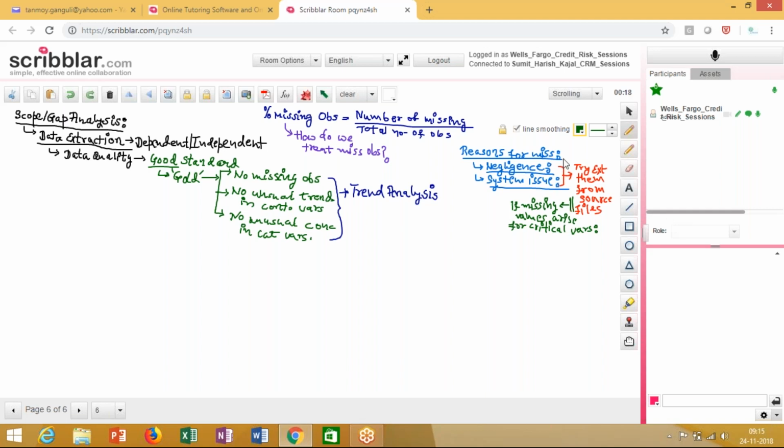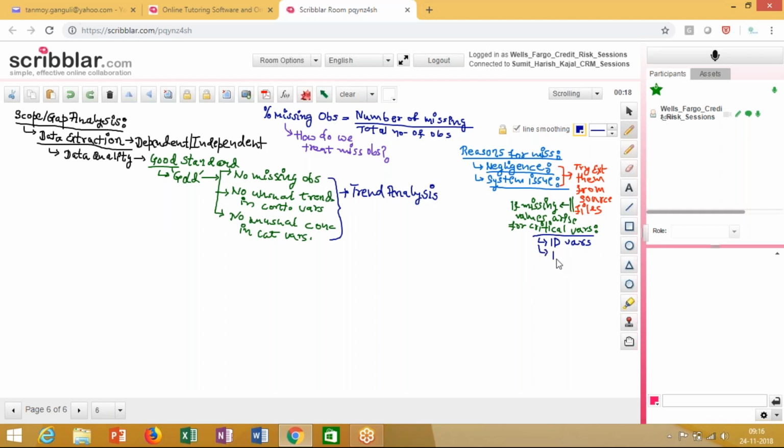So if the values are arising for critical variables, what are the type of critical variables that we are talking about over here? The type of critical variables that we talk about over here are ID variables.